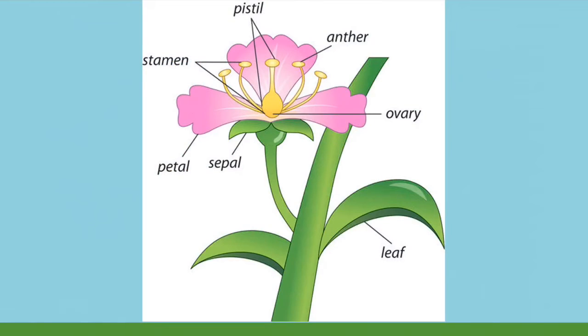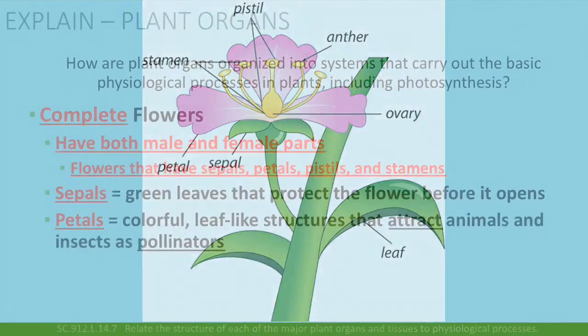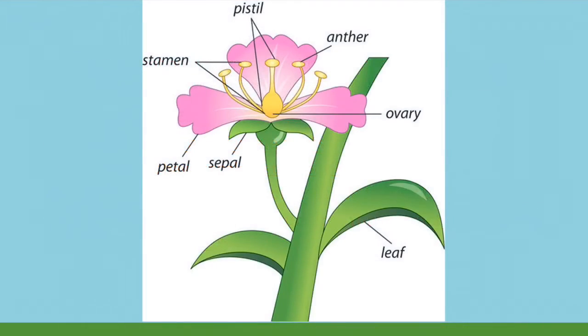As you see here on this picture, the pistil and then the stamen are actually quite close together on the flower. What we need to pay attention to and recognize is where they're positioned and how they're positioned within the flower. The stamen does not contain a bulb or the ovary down at the bottom.